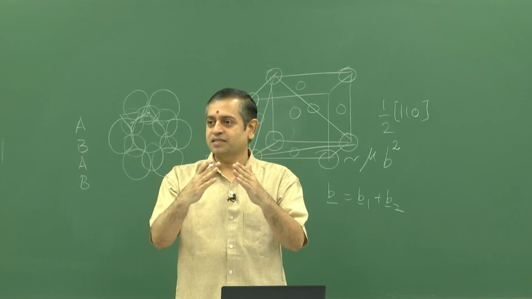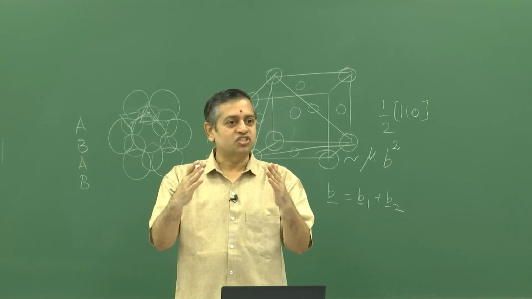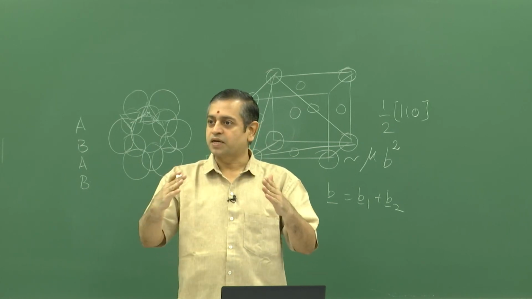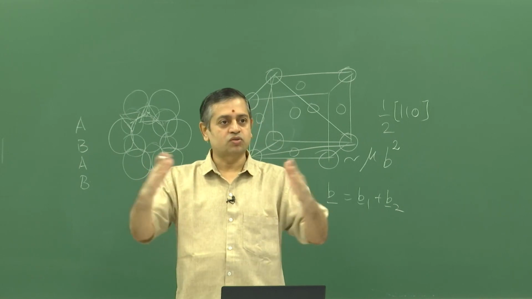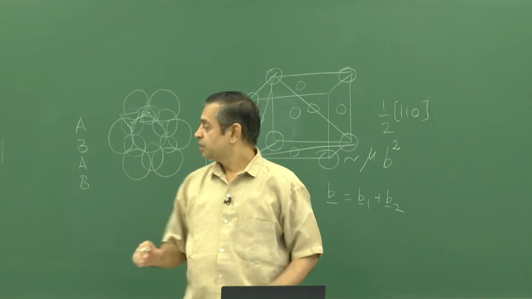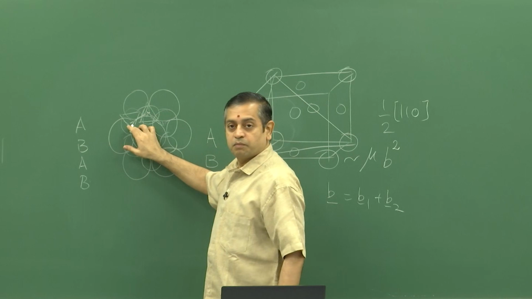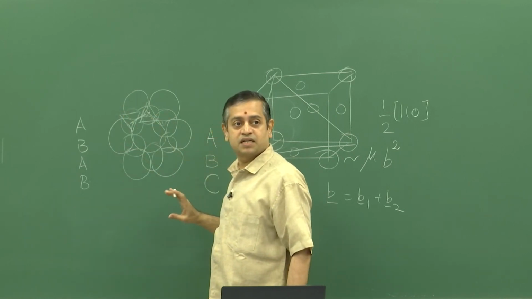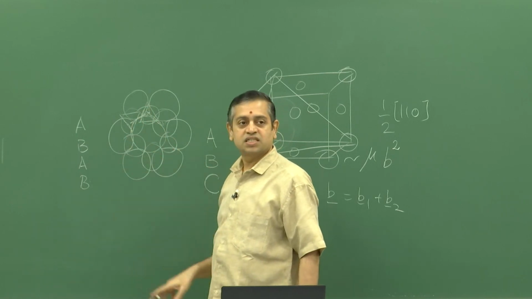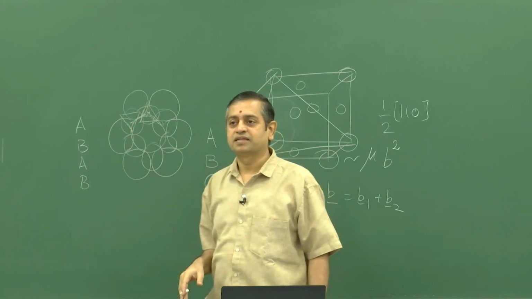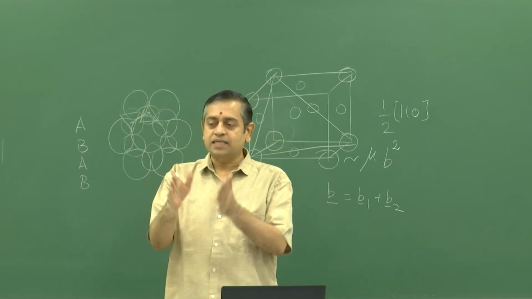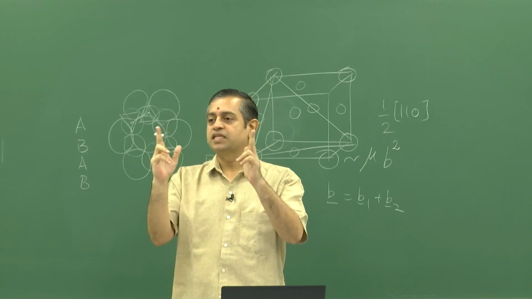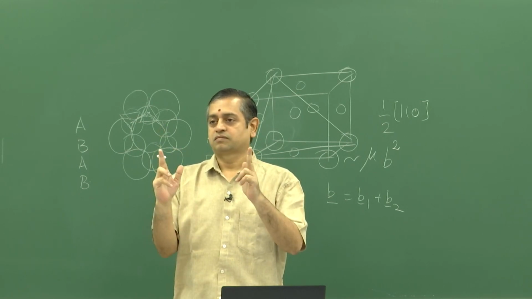These are known as Shockley partials, and because these Shockley partials form and they are of the same type, they will generally tend to repel each other. Once the partials form, they have to repel each other, so they will go apart. But as you can see, because this is also sequence related, if you move a dislocation here or bring in an extra plane there, then you get a stacking fault in between these two Shockley partials.